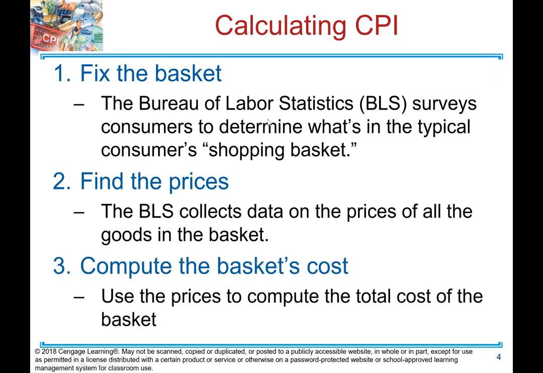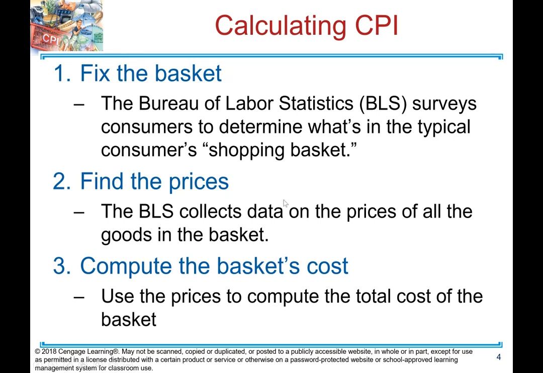The process of calculating CPI, you have to go through this process. Number one, fix the basket. What is in the basket that a typical consumer buys? The Bureau of Labor Statistics surveys consumers to determine what is in the typical consumer's shopping basket. Second, find the prices of those items in the basket.